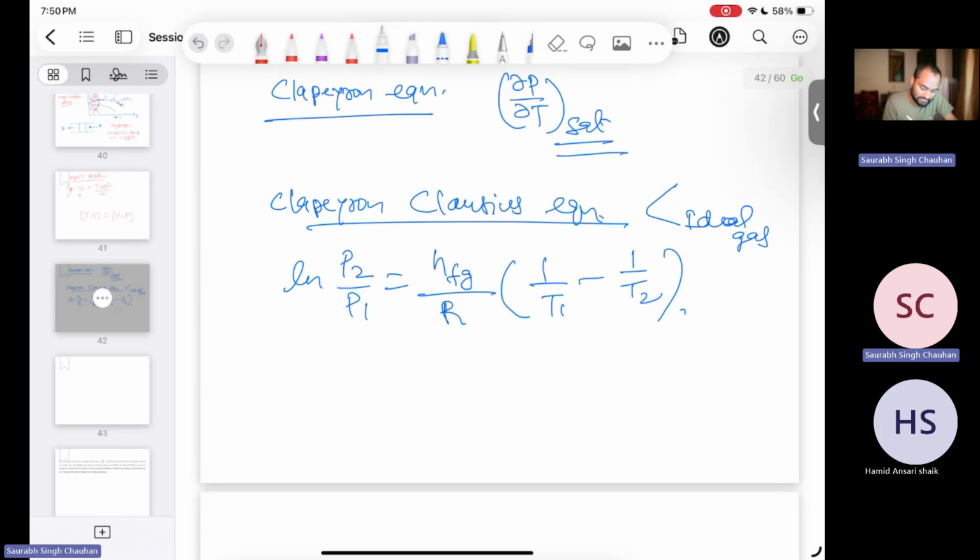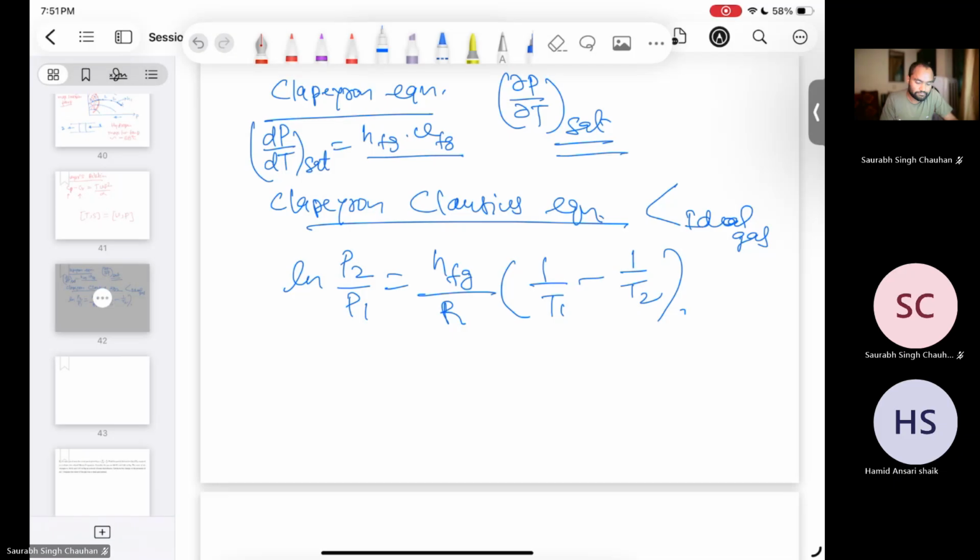Actually, we are coming from this particular equation that we have already used: dP by dT at saturation, that is given by HFG divided by T into Vg minus Vf.